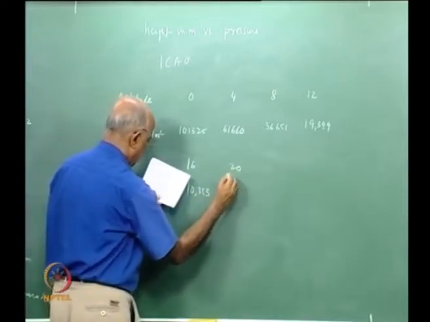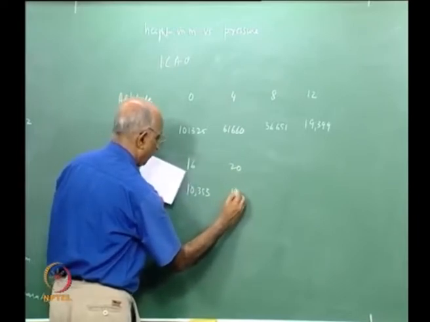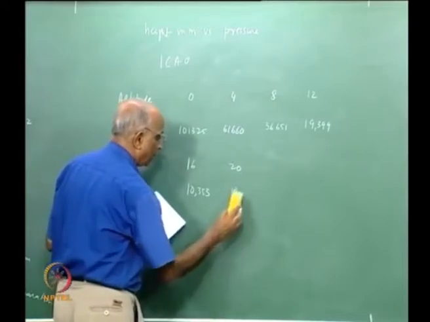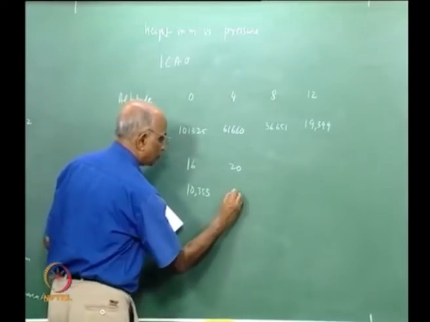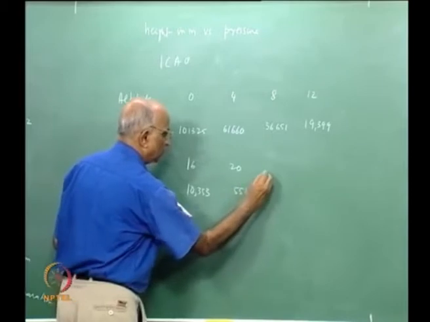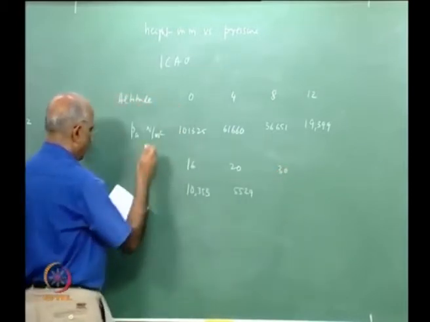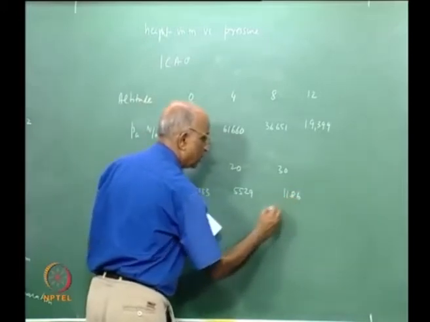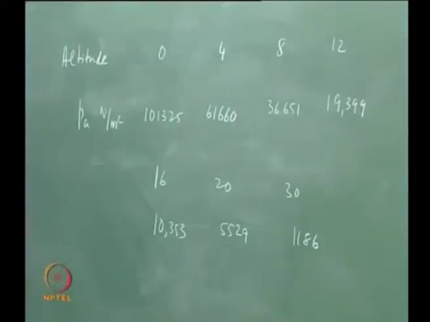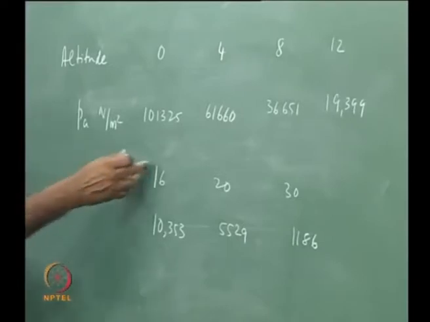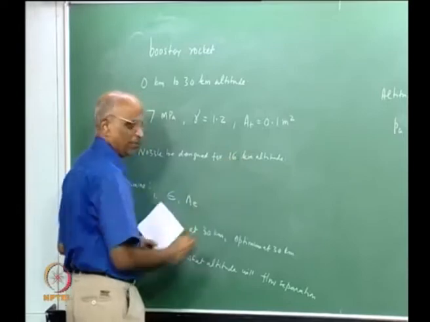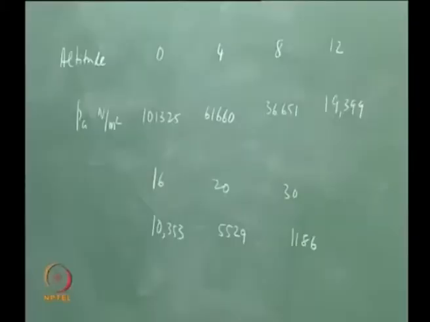If it is 20 kilometers, it is 5529, and if it is 30 kilometers, the value of pressure is 1186. Since the table does not give the value at 15, let us assume that the nozzle is designed for 16 kilometer altitude, so that the ambient pressure is available to us.